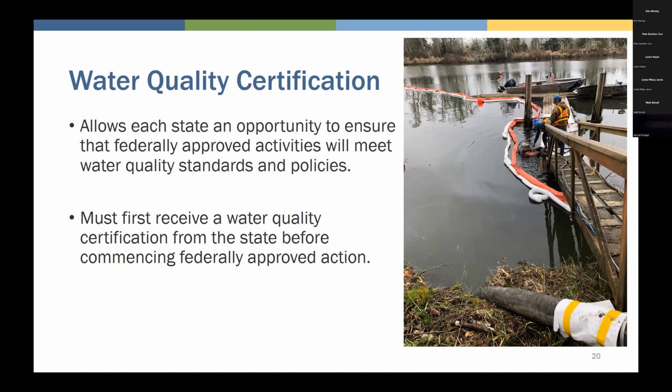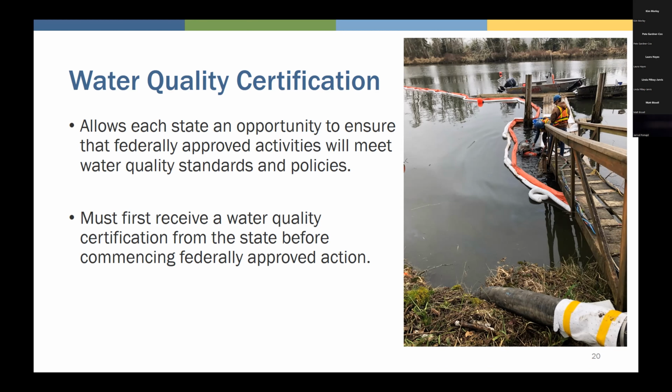Okay, water quality certification. This is the state's opportunity to review a federally approved project. So when the Army Corps approved the work to be done on the Deep River, they would go to the states and authorized tribes to determine if there's anything to add to the permit, and those entities could also disapprove and kind of put a hold on that work.